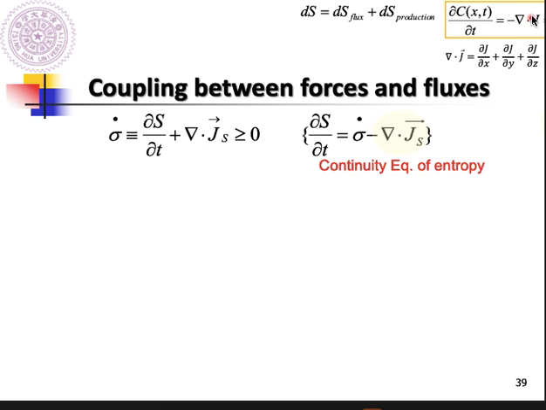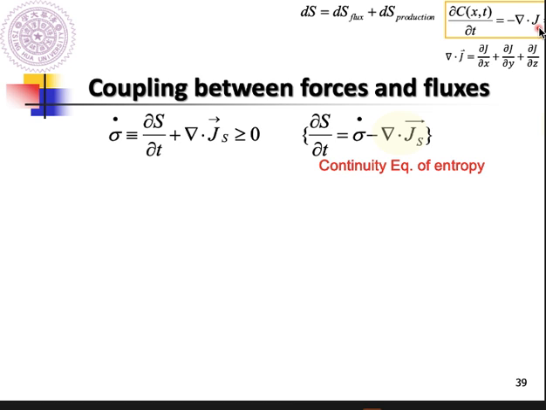When we use the atomic flux, the divergence of the atomic flux equals the concentration change over time in the cell or in our system. So it's similar, right? This equals partial S over partial t. You just replace the concentration with entropy, and the flux here is entropy flux instead of the atomic flux.